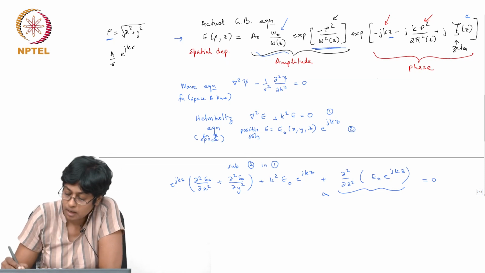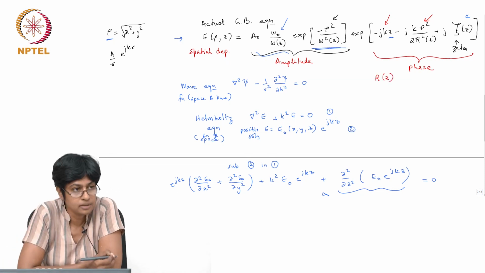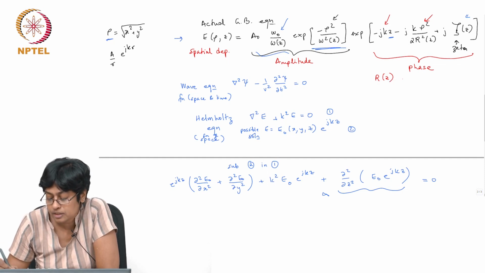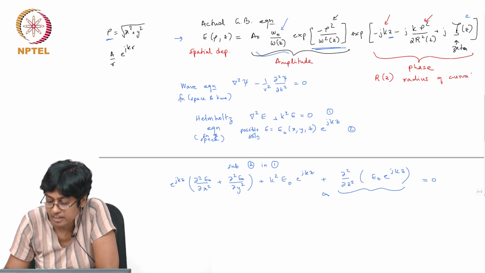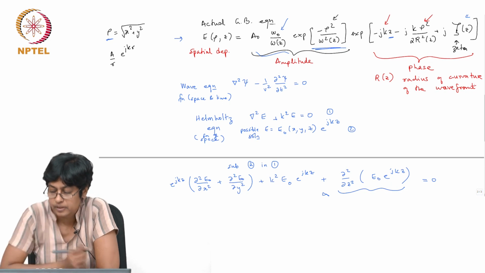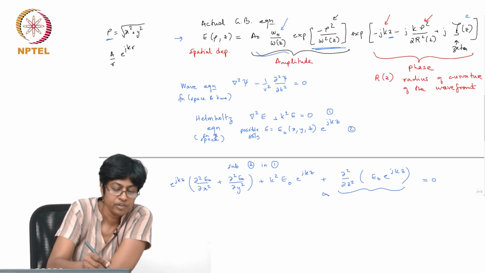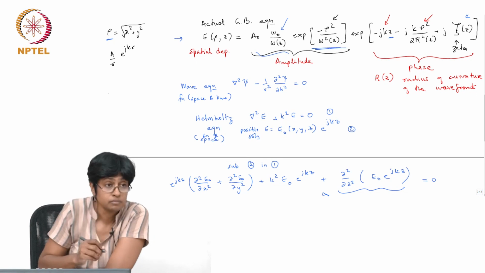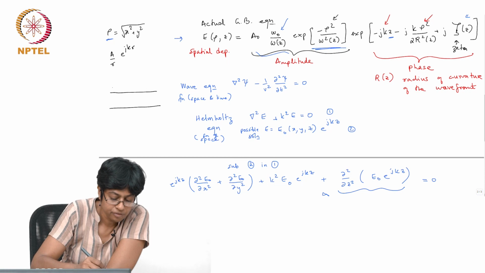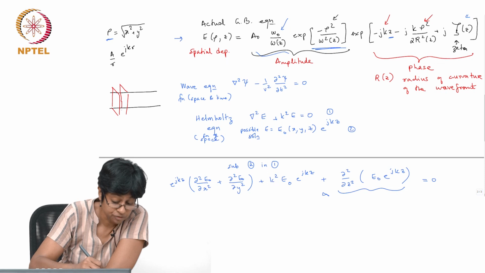So capital R of z relates to the radius of curvature of the wavefront. What do we mean? Again, if I think of a plane wave, I would draw it like this and I would say its wavefront can be considered to be planes. In fact, what are the rays?